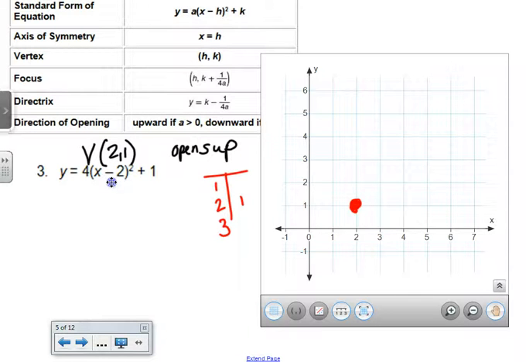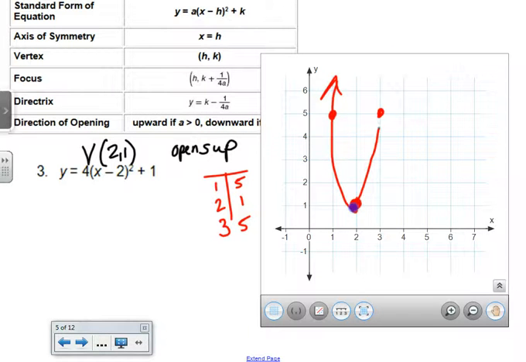Let's see, if I put a 1 in, it'd be -1 squared is 1, 4 times 1 is 4, 4 plus 1 is 5. So (1, 5), and (3, 5). Now, oh goodness, missed totally. I can do better than that.